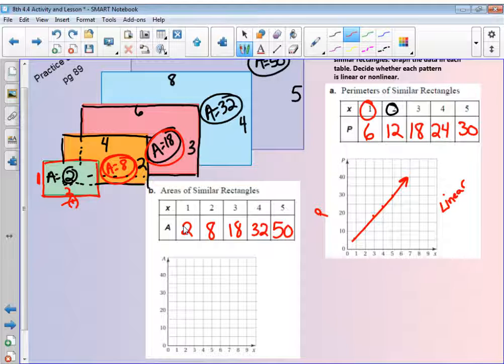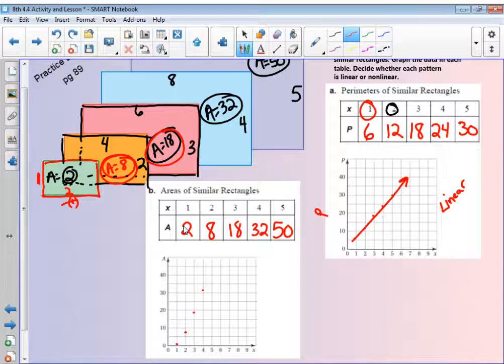So I'm going to go over to 1, up to 2. Oops. Okay, and then over to 2, up to 8. Over to 3, up to 18. Over to 4, up to 32. Over to 5, up to 50.